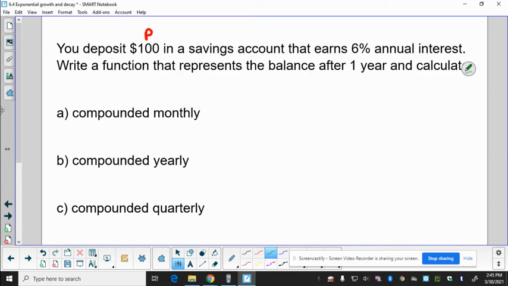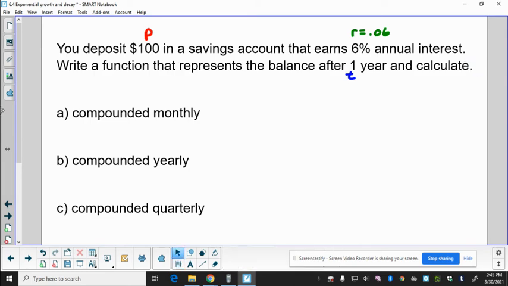So this is your rate, but it's got to be written as a decimal. That'd be 0.06. If you write 0.6, that means 60%. Write a function that represents a balance after 1 year. That's the T, and calculate it. All right, let's go to it.